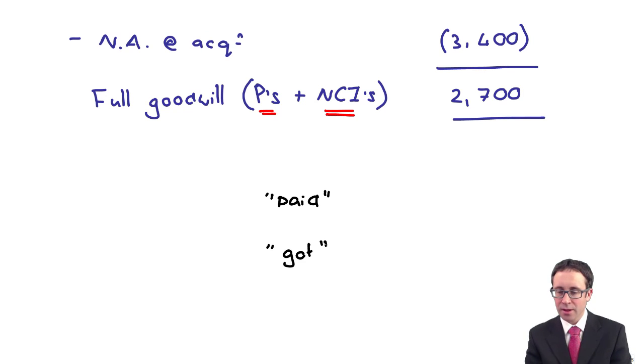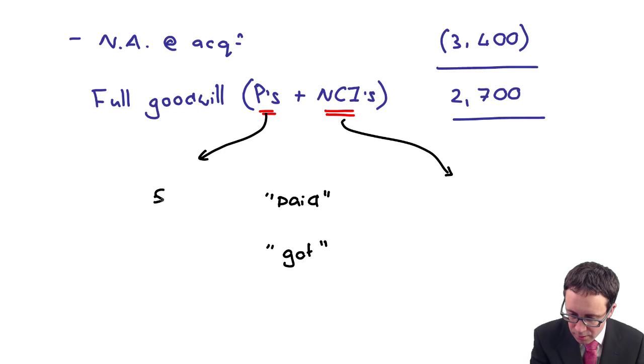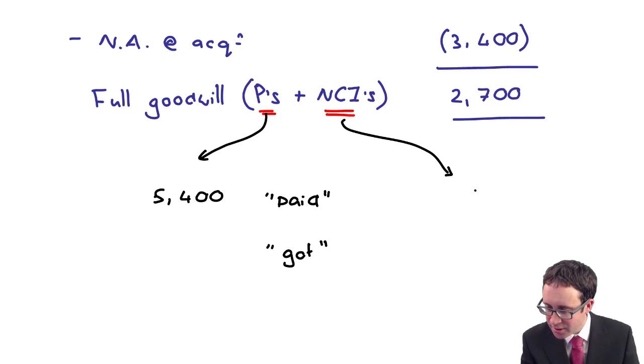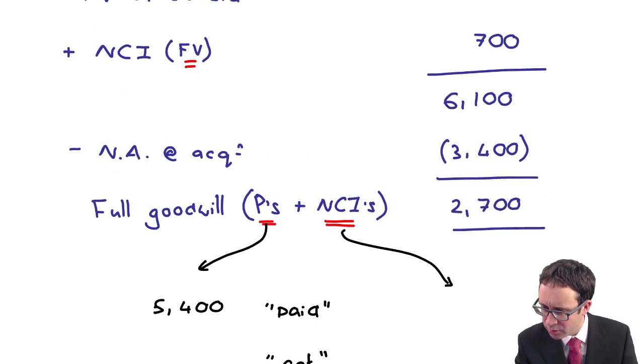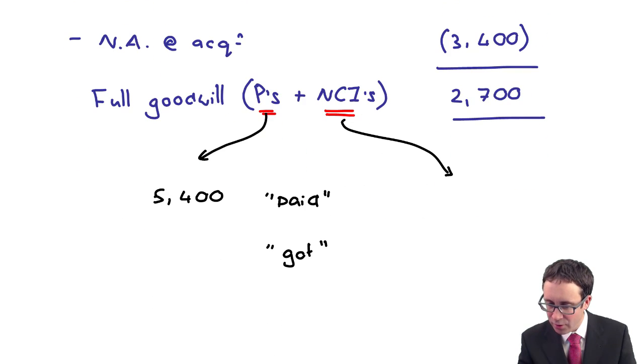Okay. And what you get is your share of the net assets. So in terms of P, in terms of the non-controlling interest, well, the parent paid, was it 5,400, and the NCI paid, was it, let's just double check, I think it was 700. Yeah, it was.